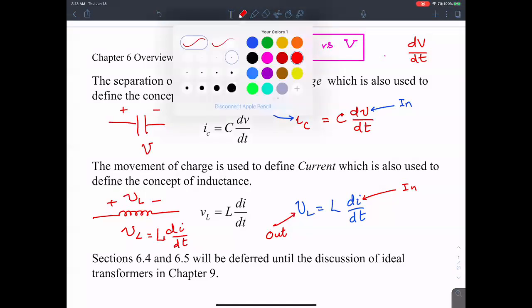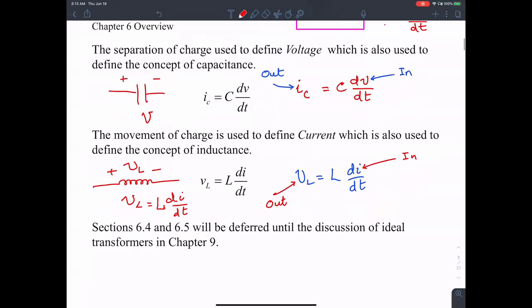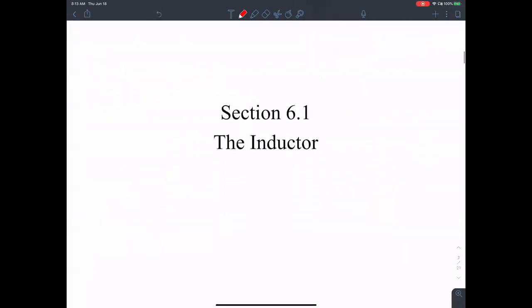What I want to mention, maybe in the next slide, is that there is no current actually flowing through the capacitance. It's only displacement current around the terminals. I'll talk about that.